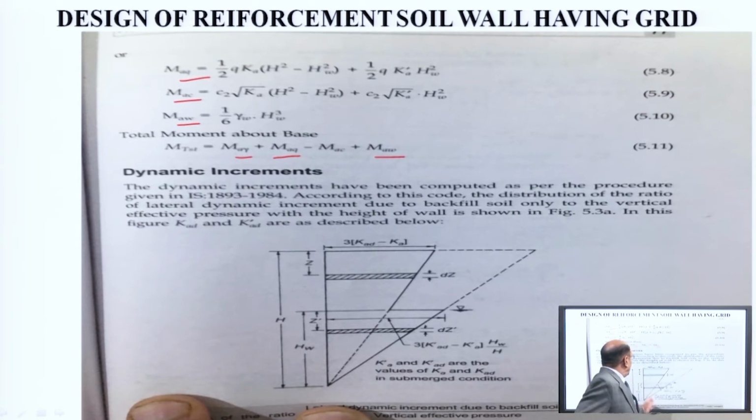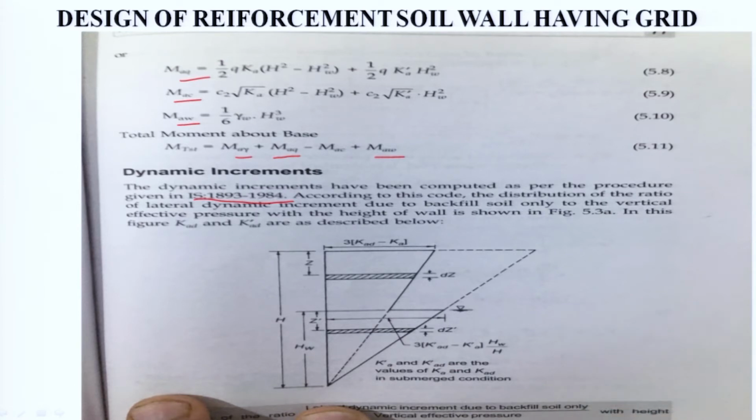Now come to the dynamic increments. The dynamic increments have been computed as per the procedure given in IS 1893 1984. According to this code, the distribution of the ratio of lateral dynamic increment due to backfill only to the vertical effective pressure is shown. So this is the figure we have, that is 3 KAD minus KA.